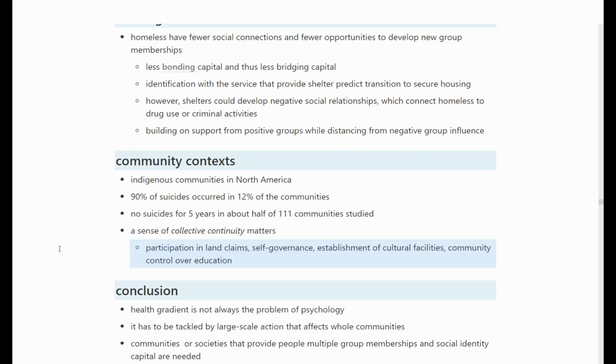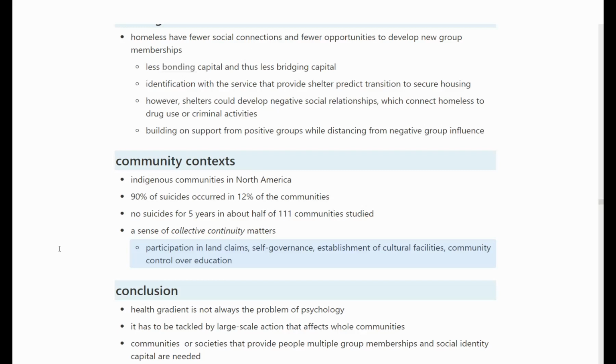However, when the communities actively participate in these activities like land claims and self-governance and so on, then they can establish or maintain a collective community.